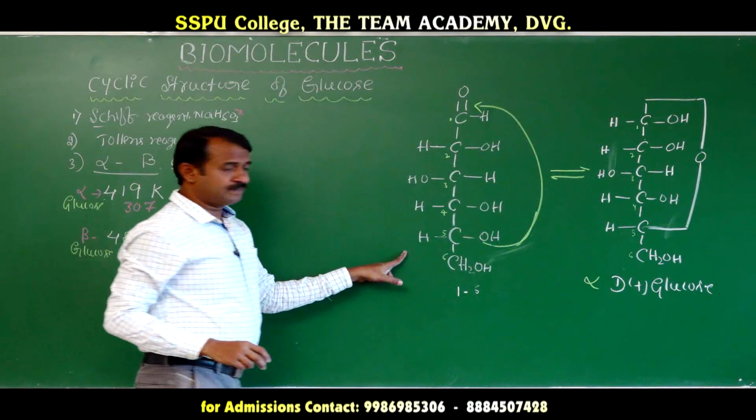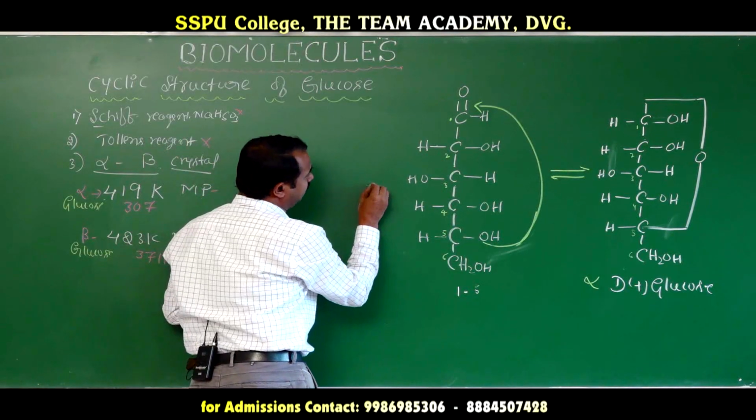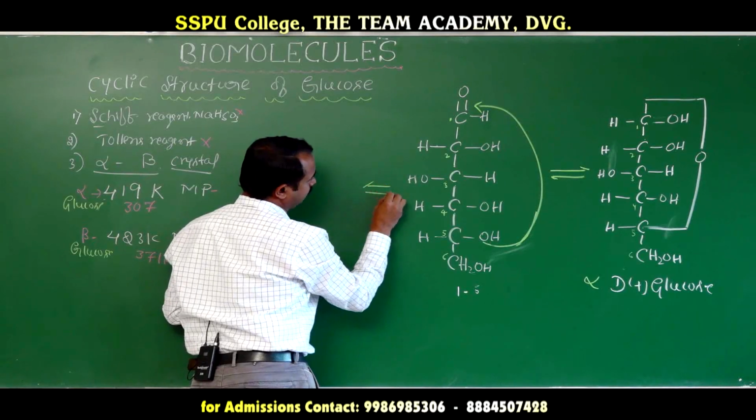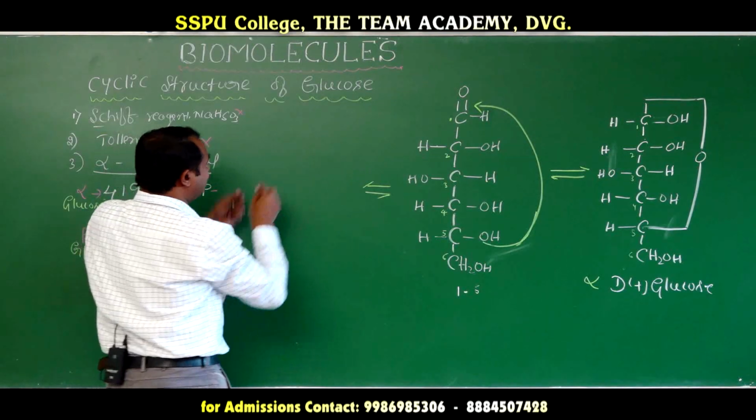Coming to the next one, here I will write beta glucose. Same here, also 6 carbons.